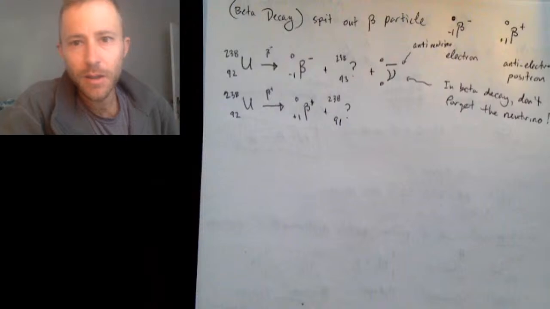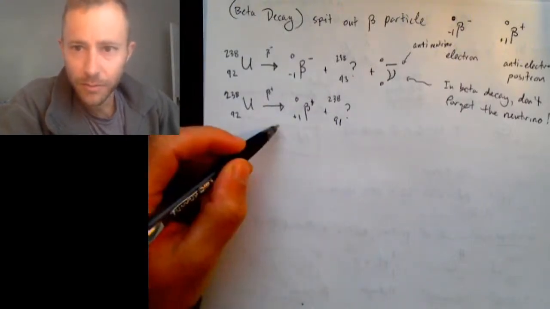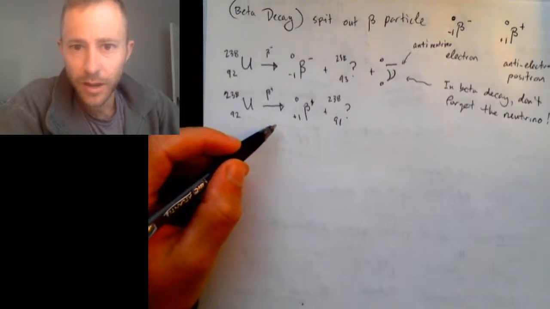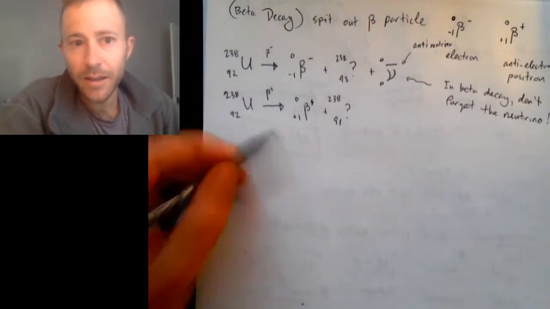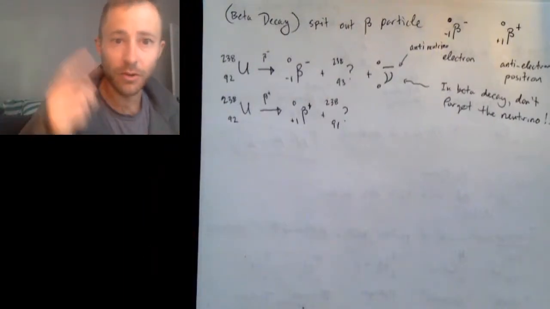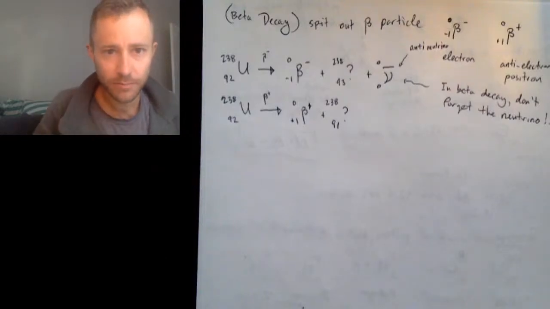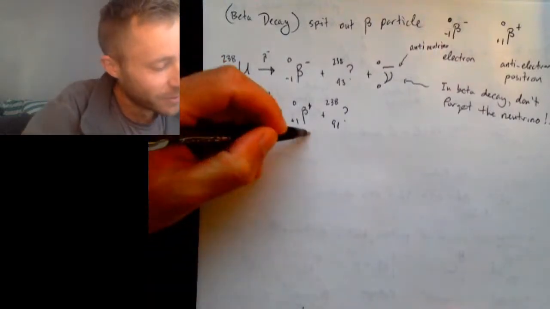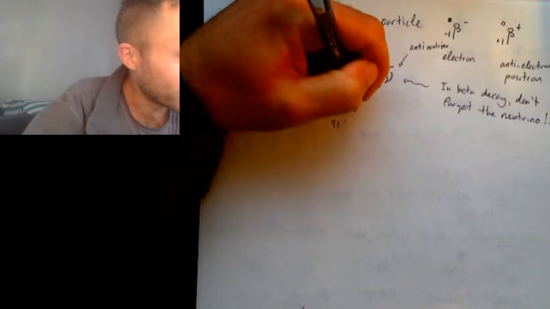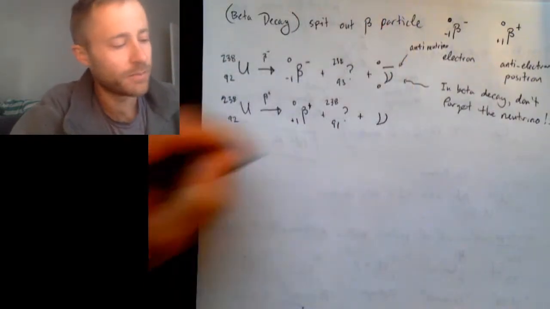Now, a beta plus particle is considered an antiparticle. So electron is a particle, positron is an antiparticle. So an anti-electron comes out with not an anti-neutrino, but a regular neutrino.